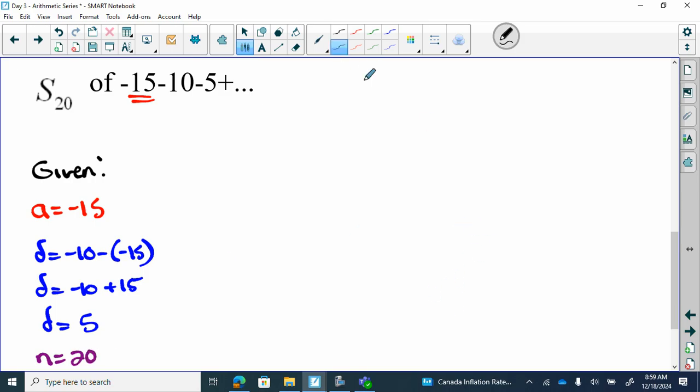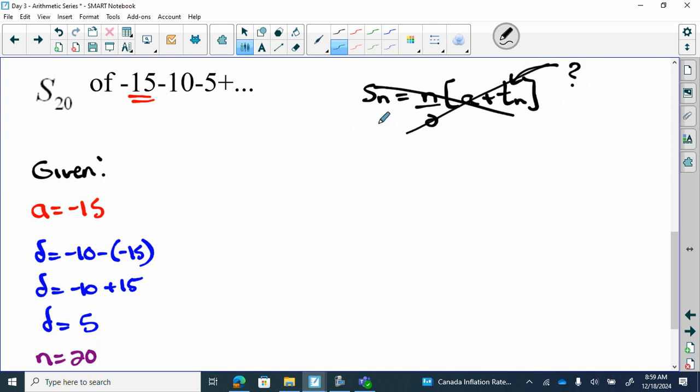Why can I not use this formula? I don't know Tn. That's right. I could find Tn, but then I got to find Tn, then find Sn. It's easiest for me to go with this formula.